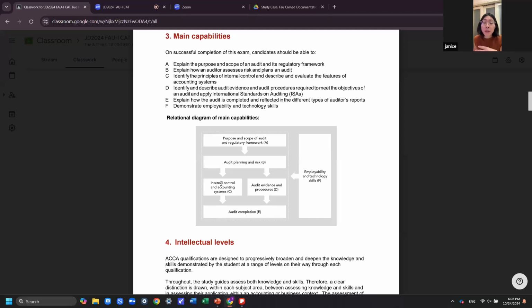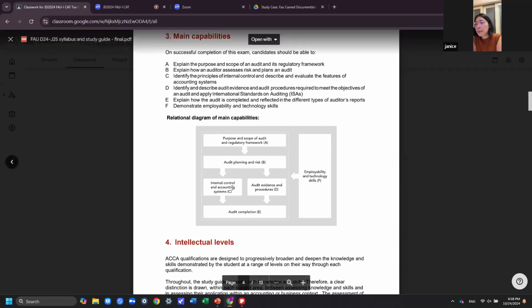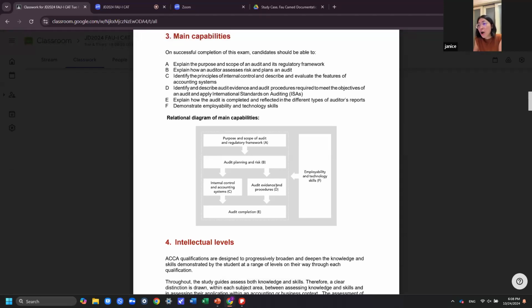We learned different theory and controls, and then we learned about the different cycles, right? Such as the sales cycle, the purchase cycle, the wages, the non-current asset, inventory, and the cash and banks. So we did that already. Now we're moving on to section D, which is the audit evidence and procedures.